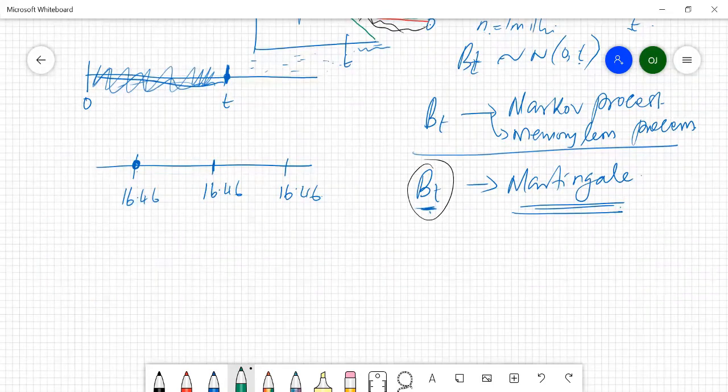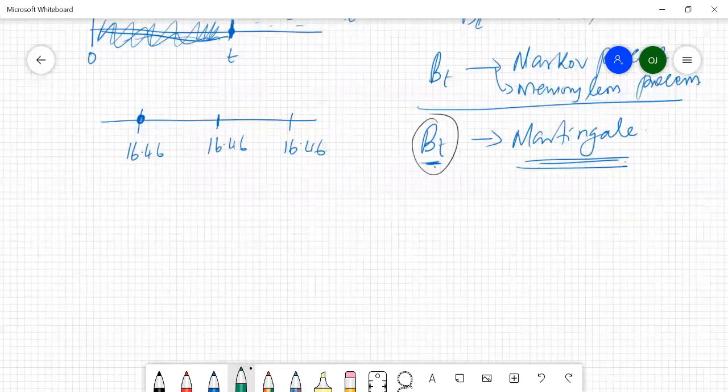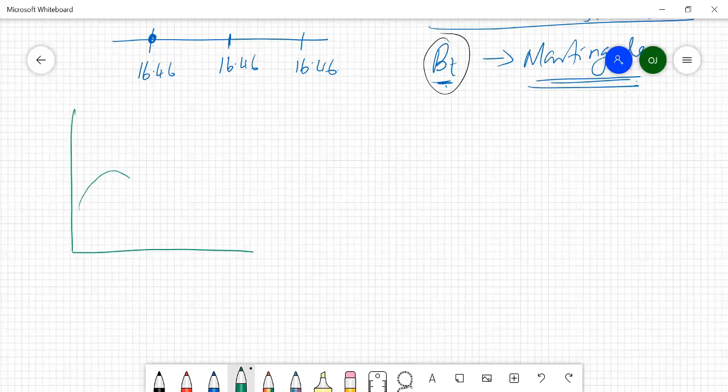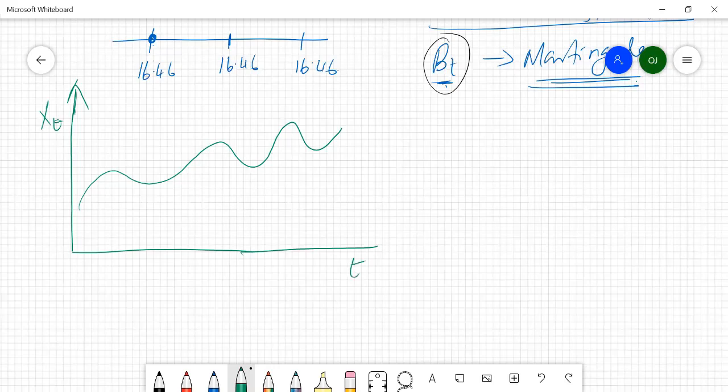So that is what is happening now. There is one property that happens whenever you are working with Brownian motion. Whenever you are working with functions which are differentiable everywhere, assuming you have a function that is differentiable everywhere, let's say x of t.